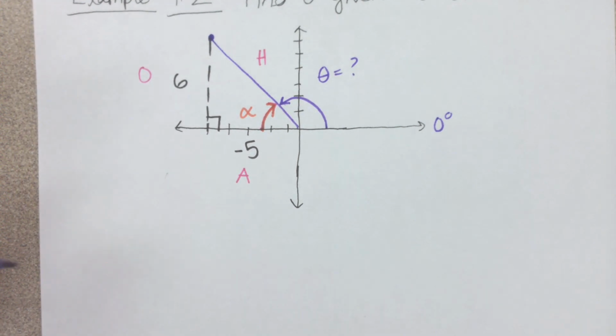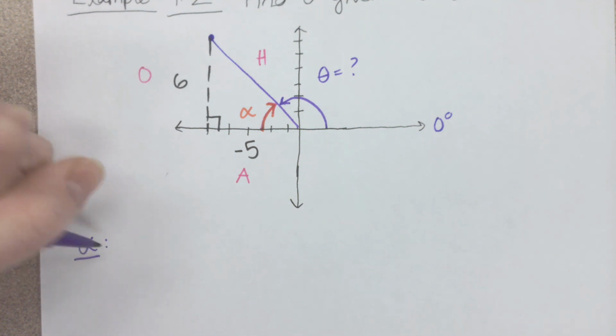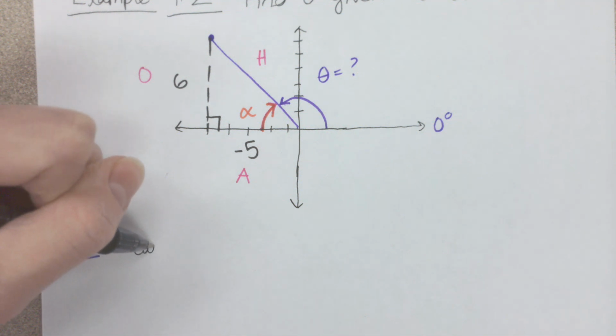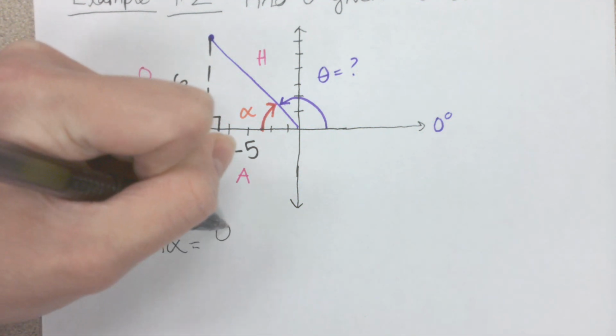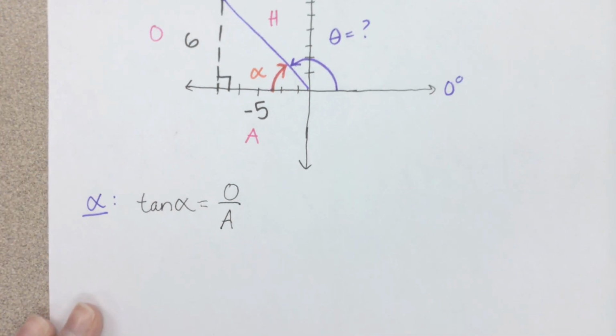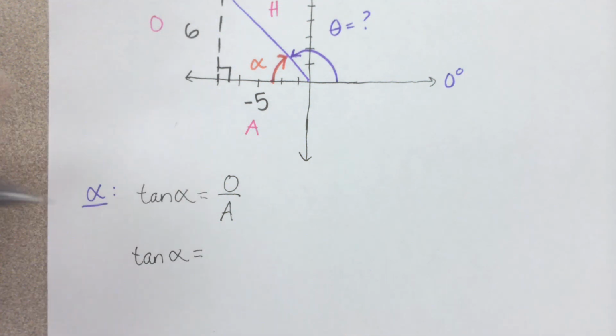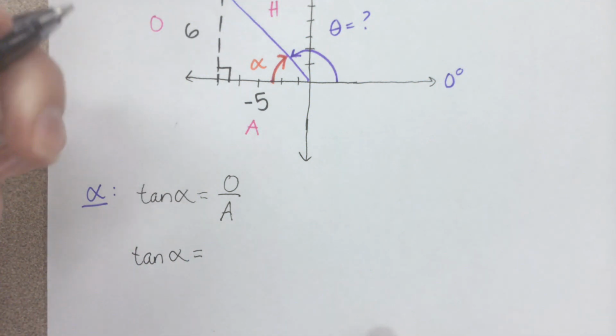So first I find alpha. And like we discussed before, we always use tangents since we know O and A. So tangent of alpha is equal to O over A, that's 6 over -5.